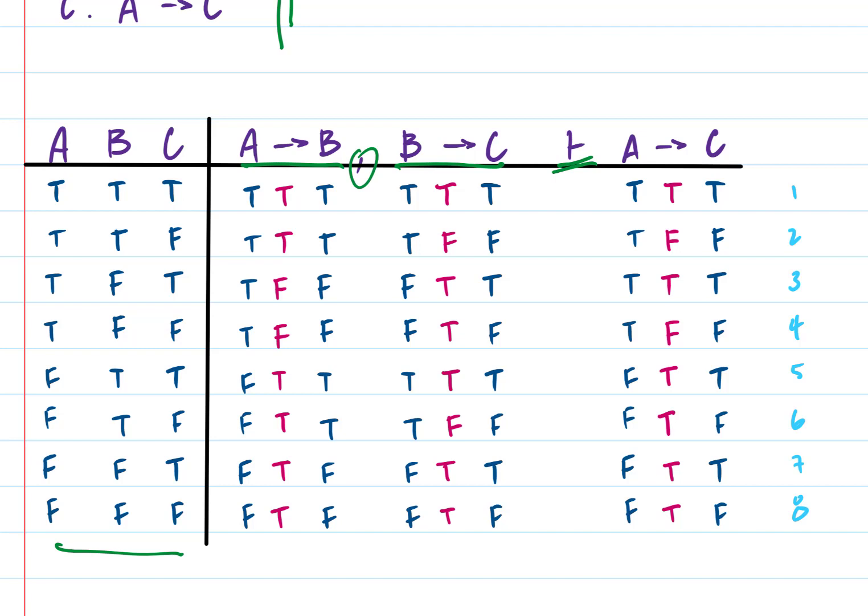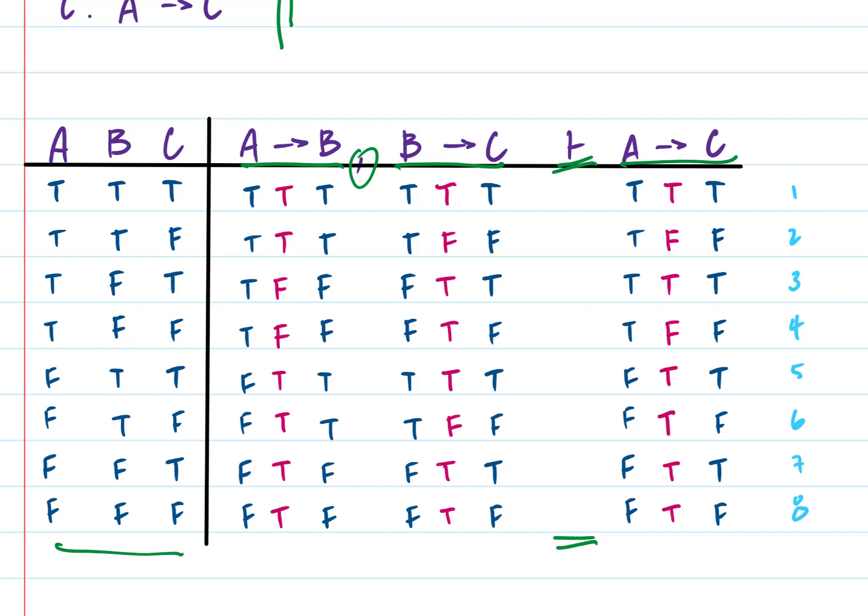Recall that the turnstile separates the premises from the conclusion in an argument when that argument is represented in truth functional logic. And here's our conclusion, A arrow C. Even though we have three sentences, everything else about the truth table is what you're familiar with. I've filled it in here, except we need to fill in this column right here underneath the turnstile.